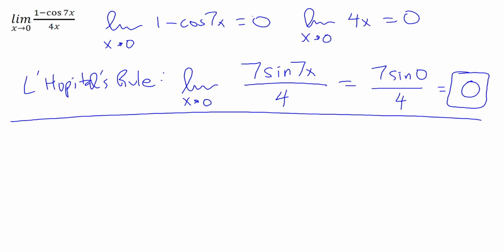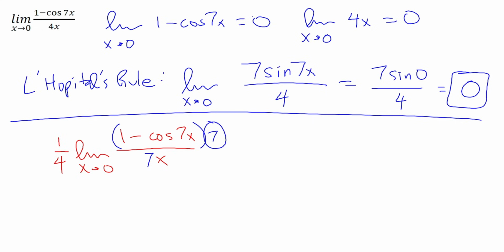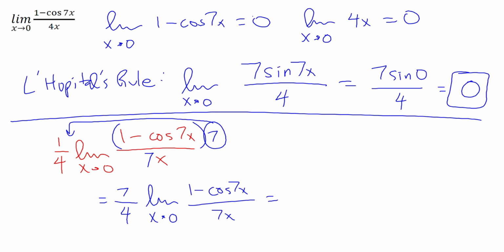Our other option would have been to pull the 1/4 out, so that we have 1 minus cosine of 7x over x. And knowing that during the first unit we proved and then memorized some rules for limits, that 1 minus cosine x over x as x approaches 0 is equal to 0, we could then just try to get a 7x in the denominator, which would mean that I'd have to multiply the top by 7, and then pull that 7 out to the front, giving us 7/4 of the limit as x approaches 0 of 1 minus cosine 7x over 7x.